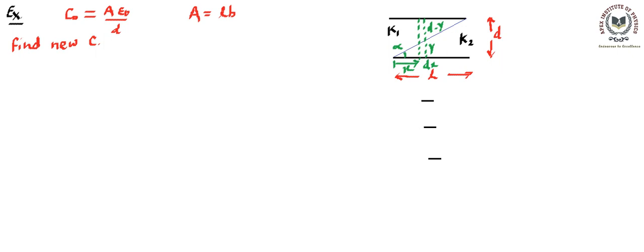The space between these two plates is going to be filled with K1, and this will be filled with K2. The gap between these two plates is y. The gap between these two plates is d minus y.